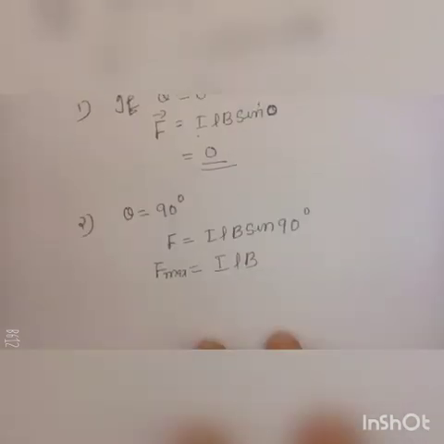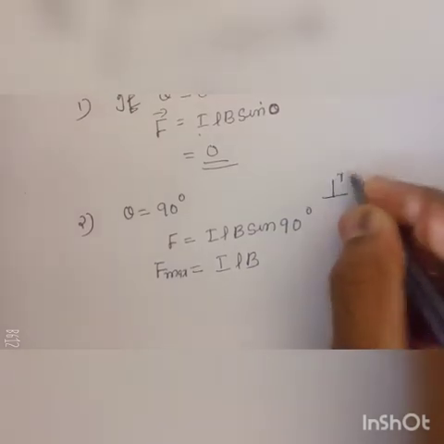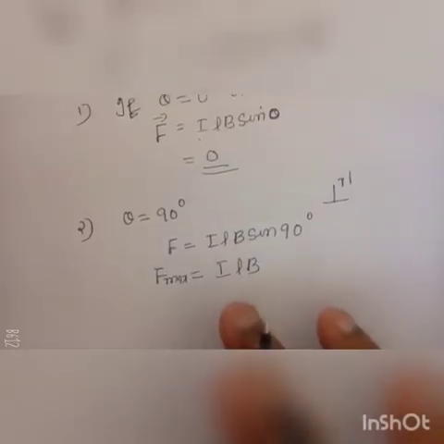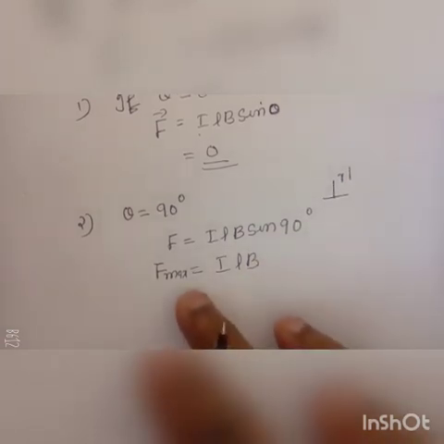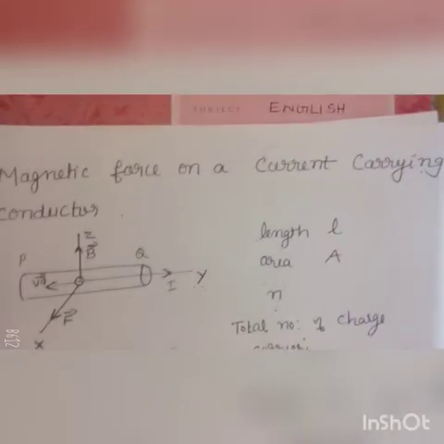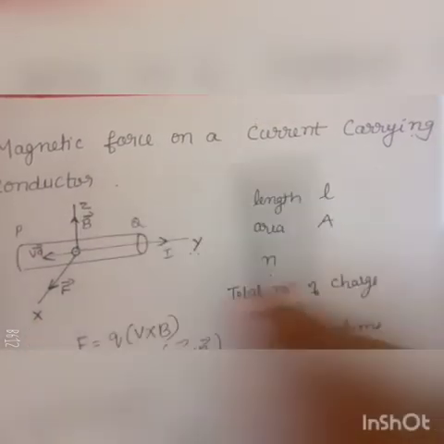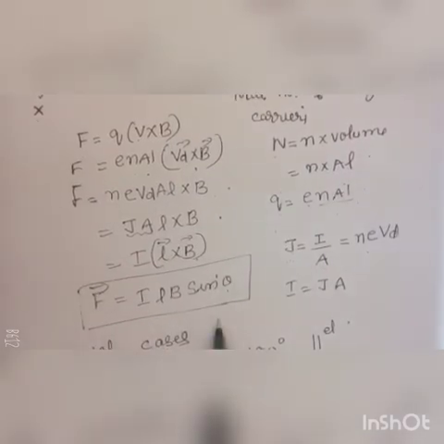Thus a current carrying conductor placed perpendicular to the direction of a magnetic field experiences a maximum force. So the magnetic force on a current carrying conductor is F is equal to I L B sin theta.